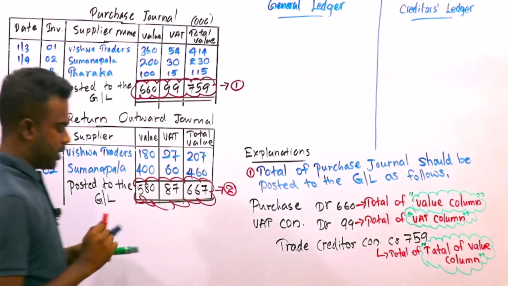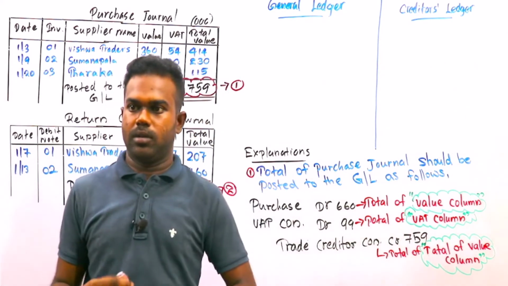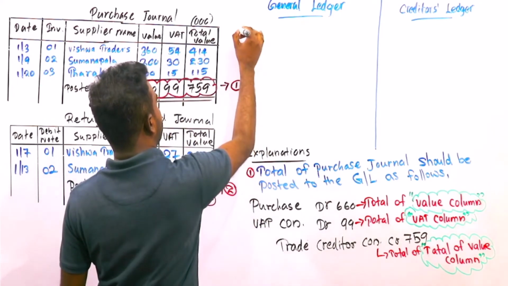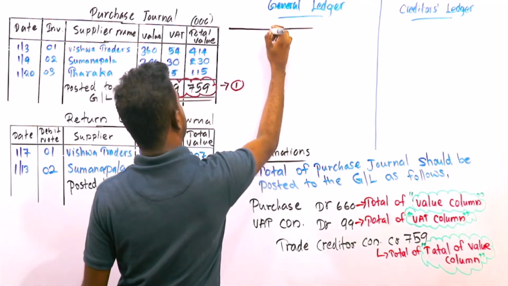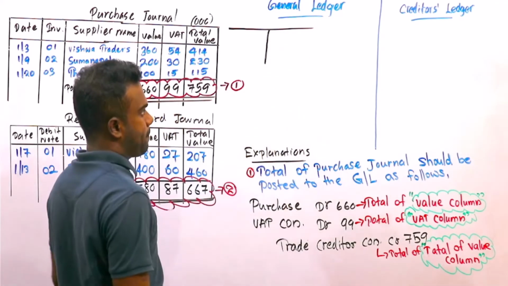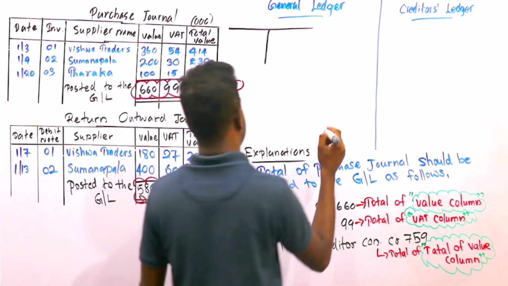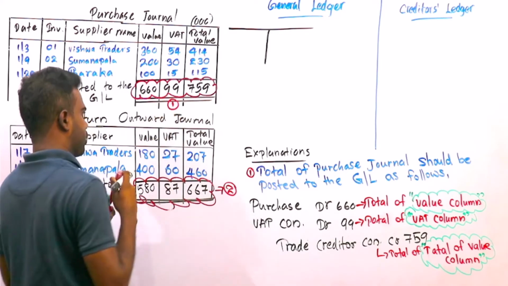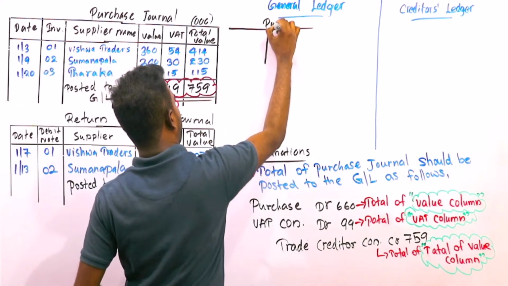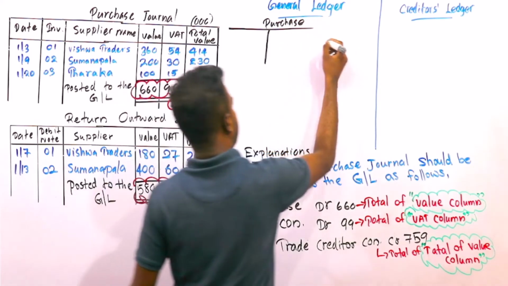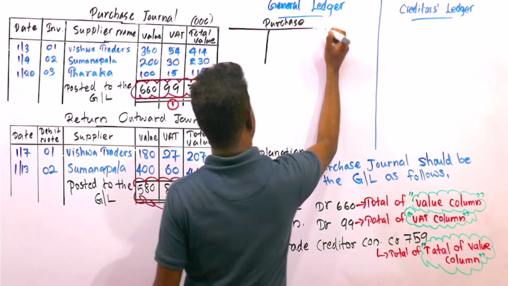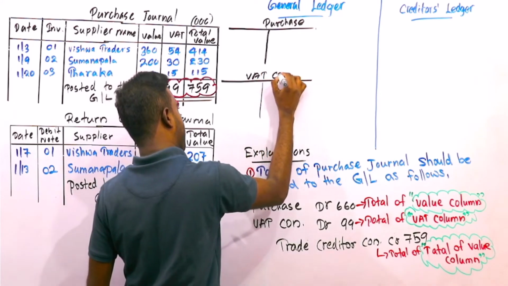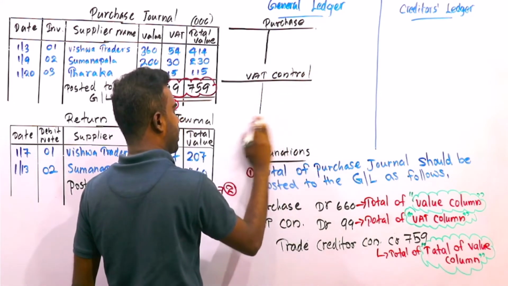Okay, record this one into accounts. Now the purchase account, and the VAT control, right?